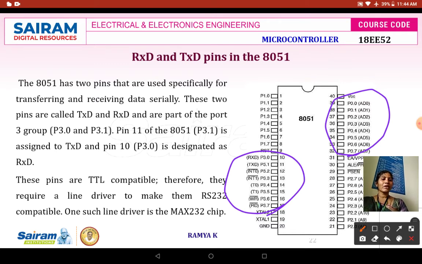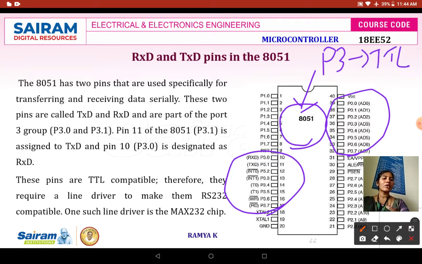Suppose in the data sheets of 8051 it was given that port 3 is not compatible with the TTL logic, then you would have to connect the chip called MAX232 to make it compatible with the TTL logic.